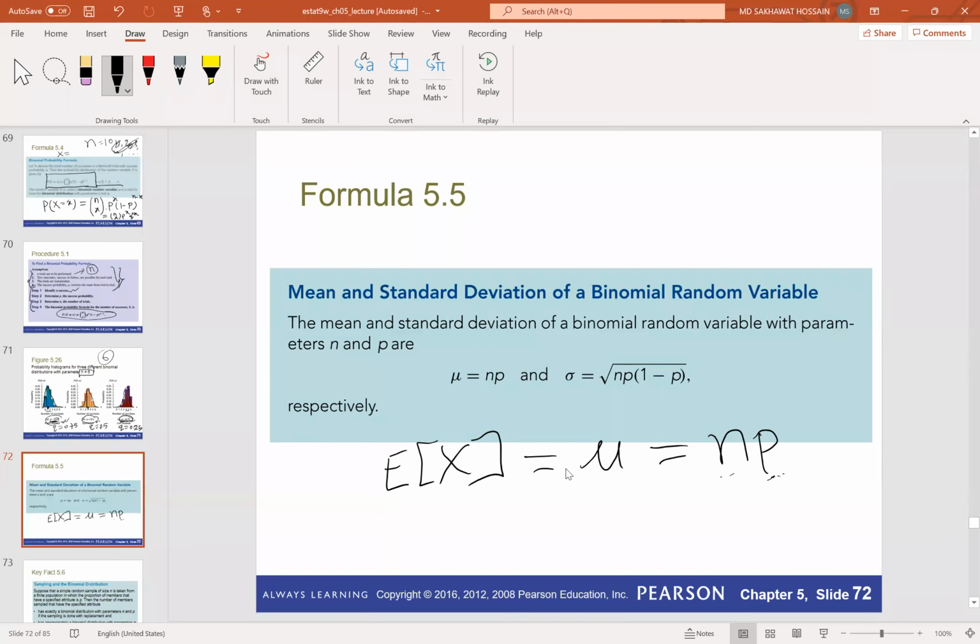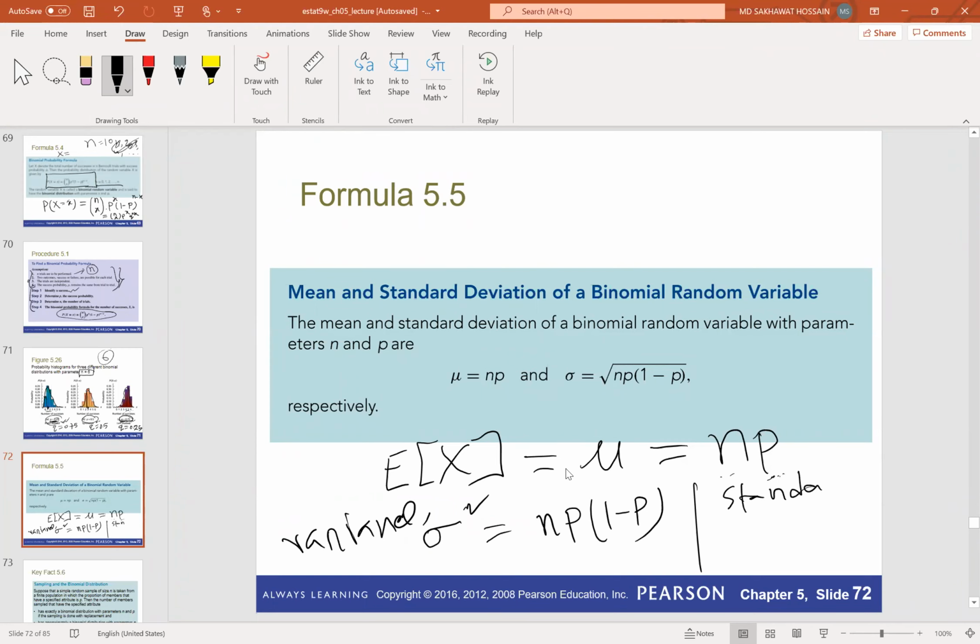Then sigma squared, the variance, is equal to n times the probability of success times the probability of failure, so n times p times 1 minus p. And the standard deviation, sigma, is equal to the square root of the variance, so the square root of n times p times 1 minus p.